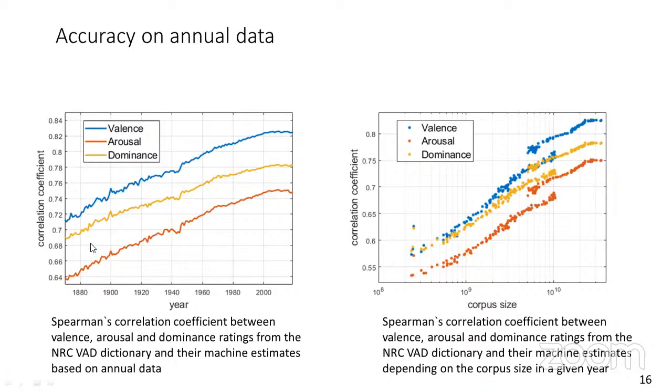We see that the correlation increases with years, and probably this is due to two factors. First of them, 100 years ago many words had a little bit different meanings. So the valence, arousal, and dominance estimates, which were done a few years ago, would be a little bit different if they had been estimated 100 years ago.